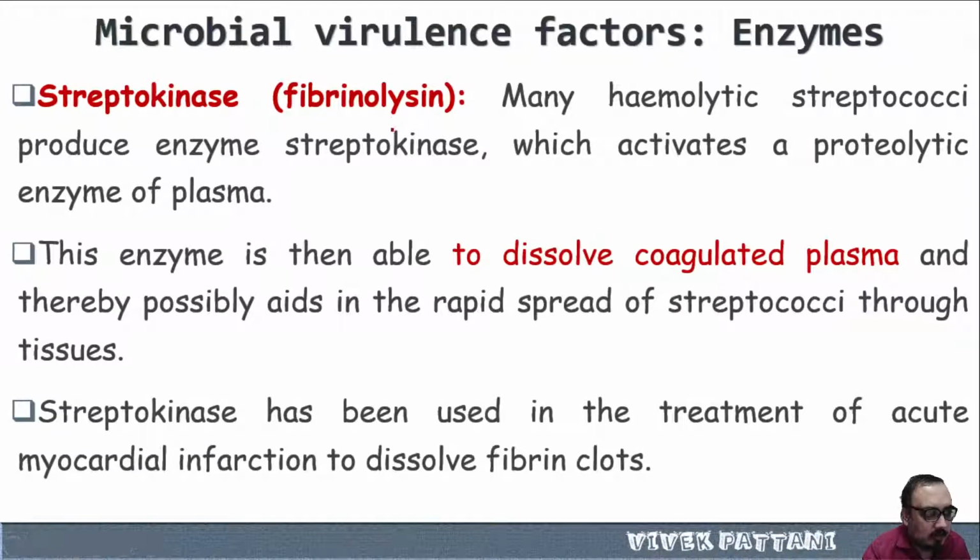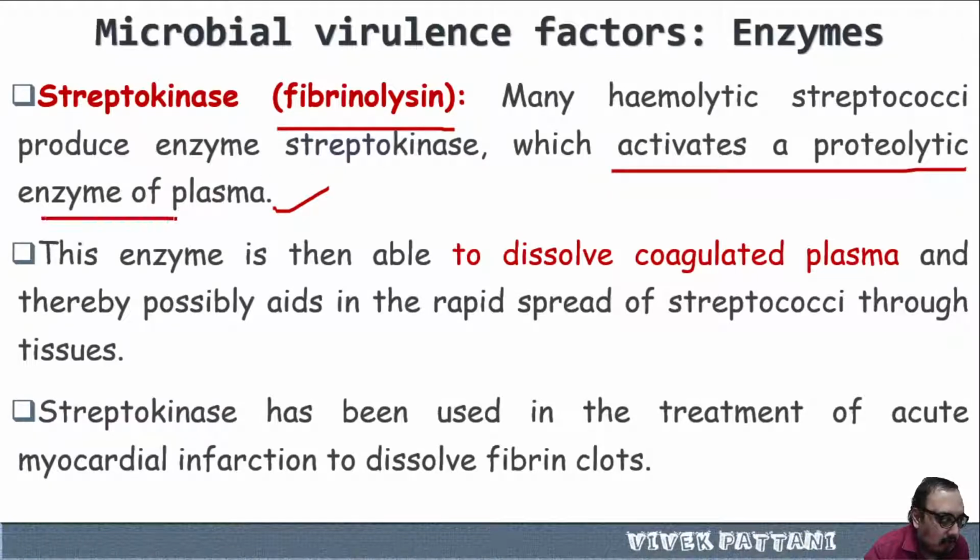Now the next enzyme is streptokinase, also known as fibrinolysin. It was also used in medical treatment for some diseases, but it is not used nowadays. It is produced by the bacterium Streptococcus, which activates a proteolytic enzyme of the plasma.